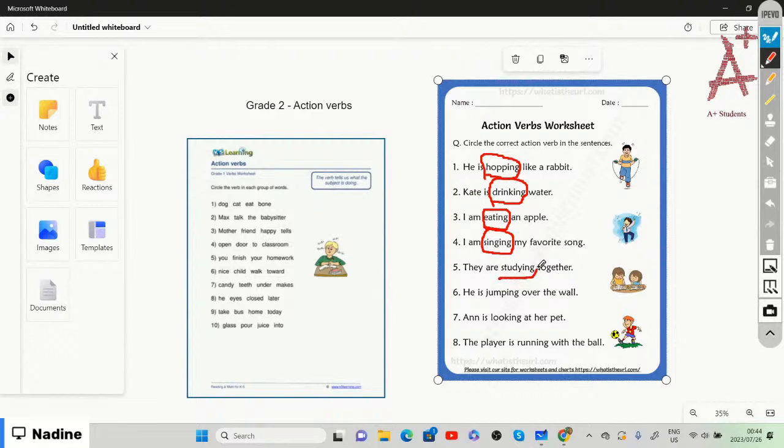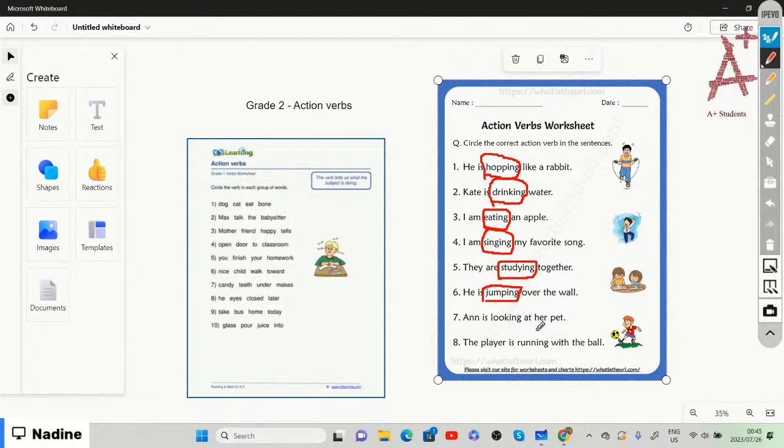They are studying together. And then he is jumping over the wall. So what is he doing? Remember, the action verb tells us what the subject or the noun is doing. He is jumping. Jumping is our action verb that tells us what he is doing.